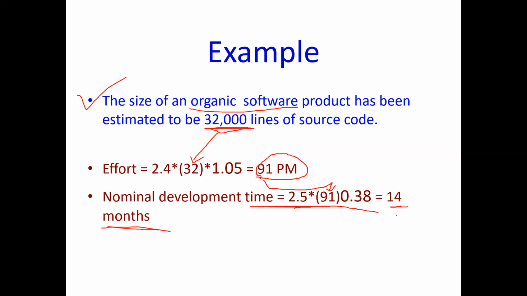So if you have calculated time for development, 14 months, then simply you can calculate the cost, because 14 months, 10 employees are working, and average salary is 20,000 for each employee. Then 20,000 into 10 is total employee cost per month, and 14 months I have to pay. So 14 into 10 into 20,000, that is your total cost for the software.